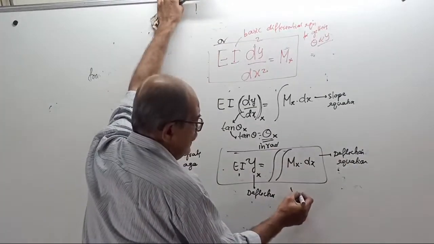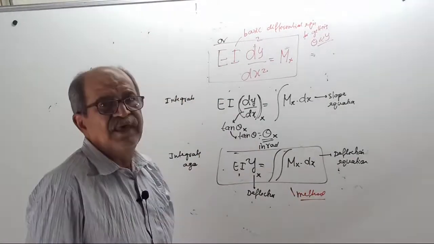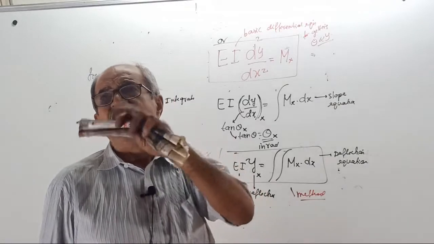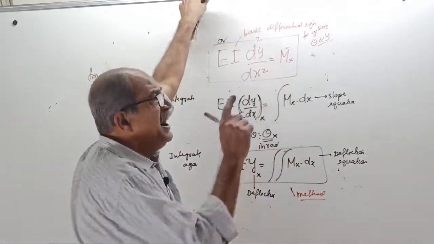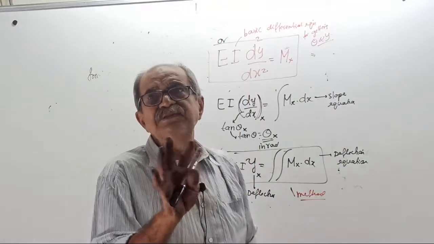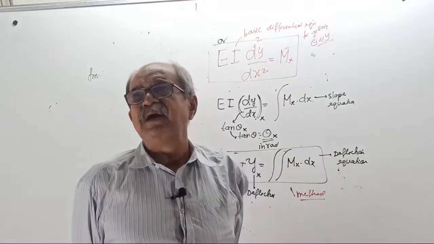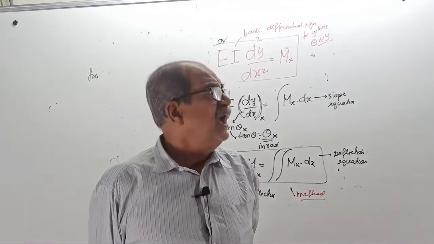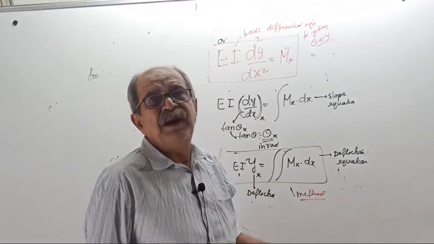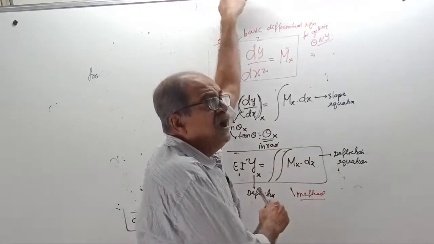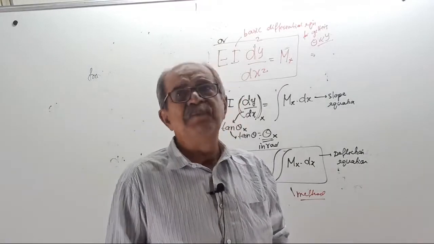That's why the method is called what? Remember, this is the basic method. Any other method you do originates from here only. There is no method where this is not used, whether the moment area method or the conjugate beam method. They start from here, but then a bending moment diagram is used, some imaginary concept.